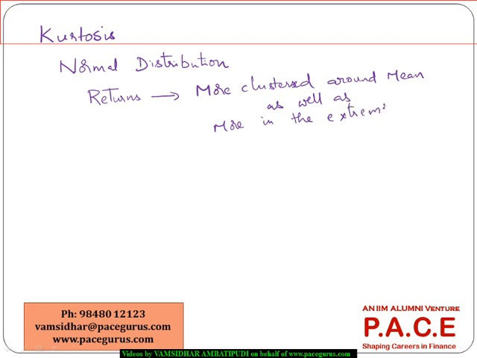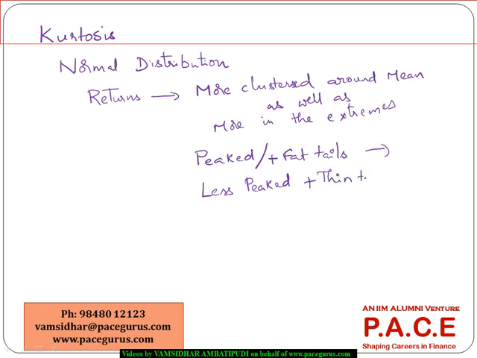So typically, when I look at the frequency histogram, it would be more peaked than normal, and at the same time it has fat tails. The tails are much fatter compared to the normal. Or it could be less peaked than the normal, along with thin tails.